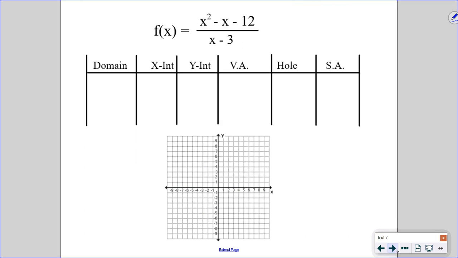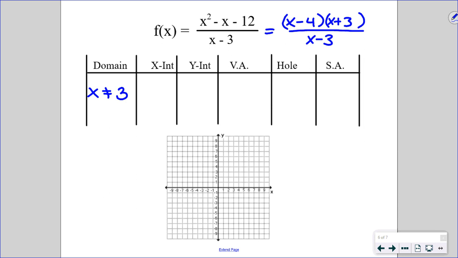Last example. In this example, instead of a horizontal asymptote, we have a slant asymptote. But again, let's start by factoring. To find the domain, x cannot equal the zeros of the denominator, so that's positive 3.